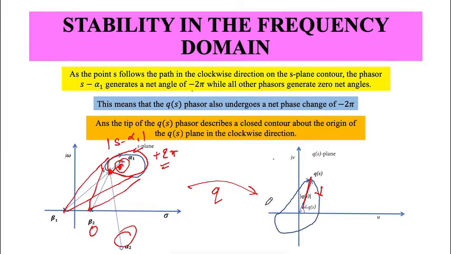And not only that, if I am encircling a zero here, I will encircle the origin here. That is because S is equal to alpha 1. What does QS do when S equals alpha 1? It maps to the origin. So it's a very simple way of understanding this.